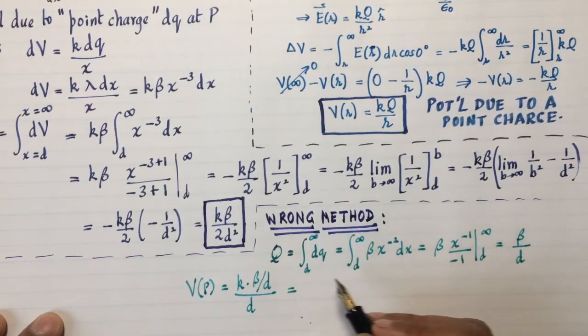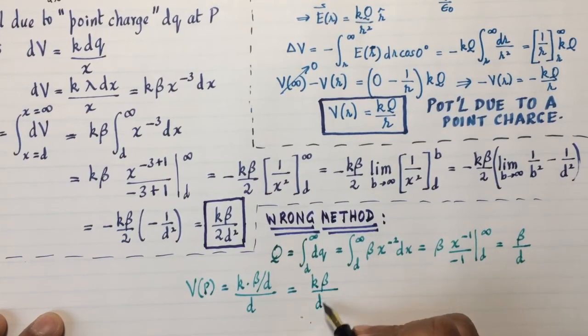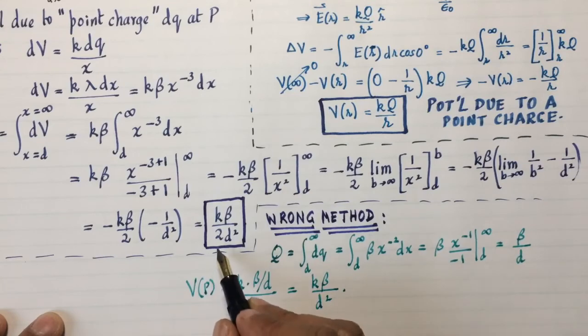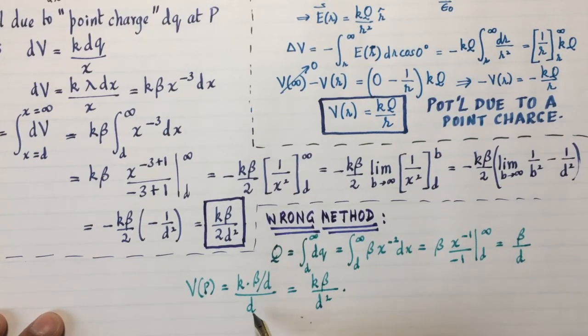Well, the problem with using d is that it's k beta over d squared. It's twice the value you got there. Then maybe you say, well, I should probably have used some other distance, not d. It turns out the correct answer is got when you don't use the distance d, but when you use the distance 2d.